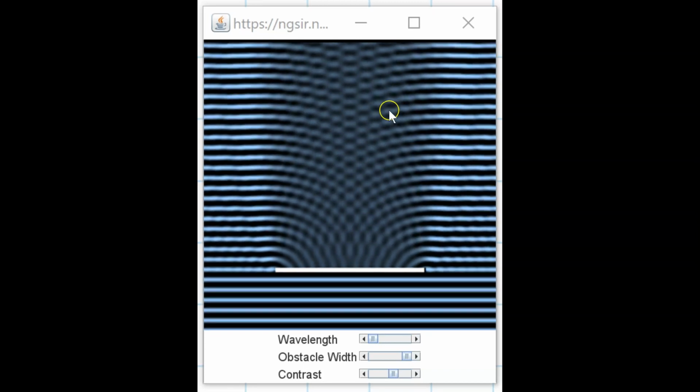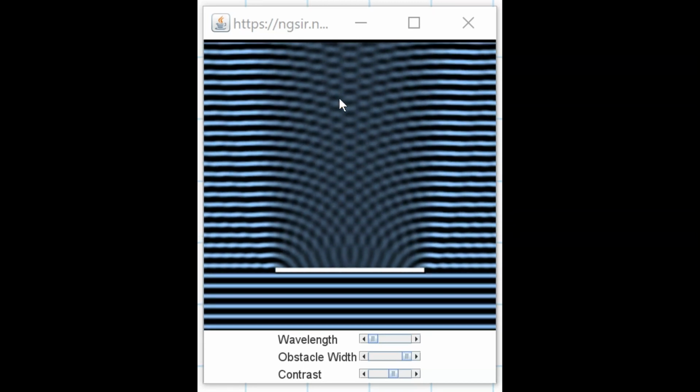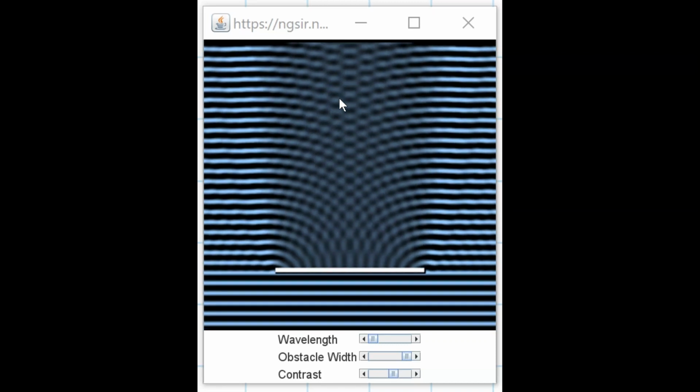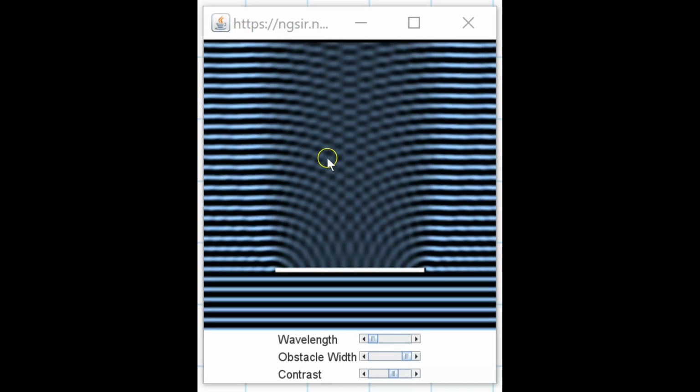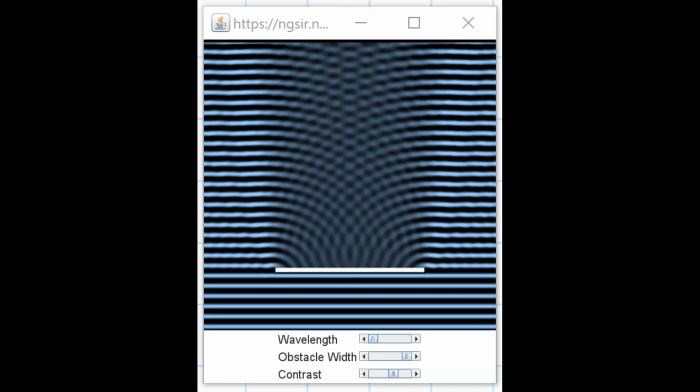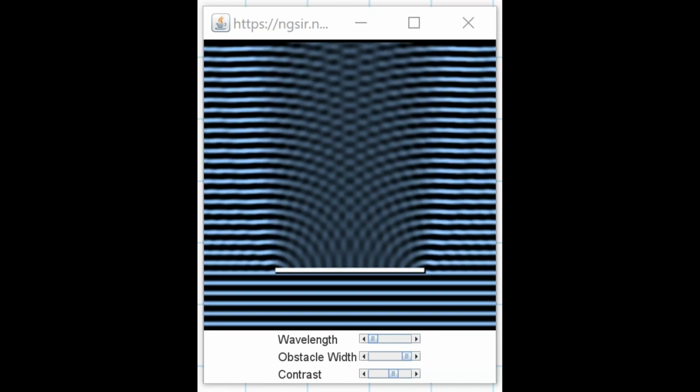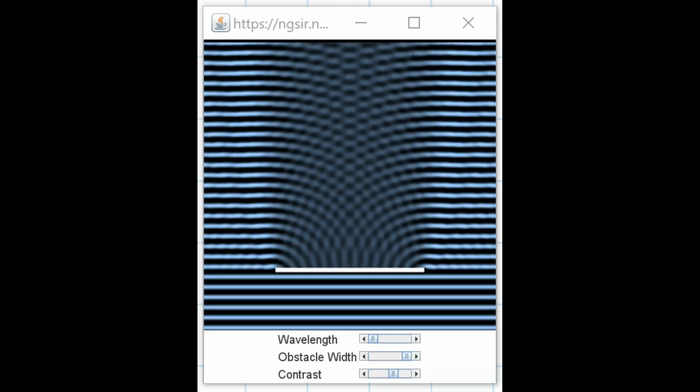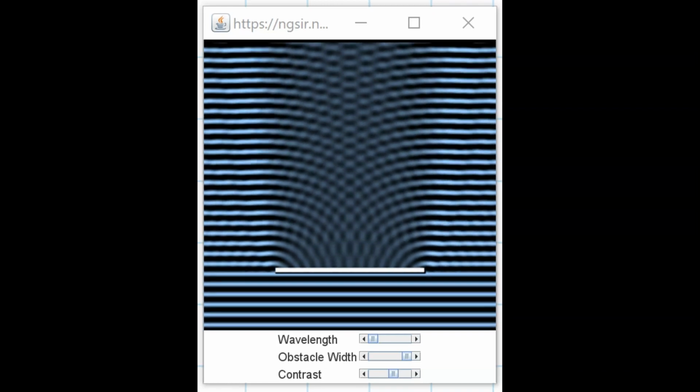So if I had placed a wave detector behind this obstacle, it wouldn't measure any change in the waves because it's not seeing any of the waves. So this would be the case where the obstacle size A is much bigger than the wavelength.